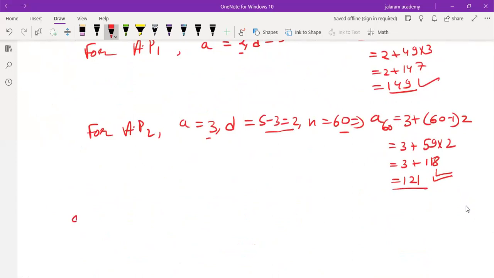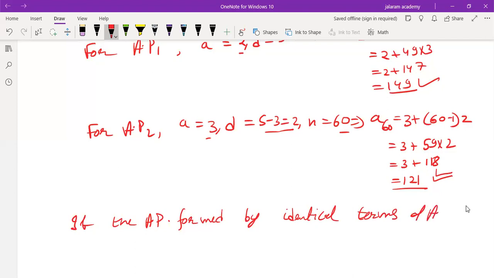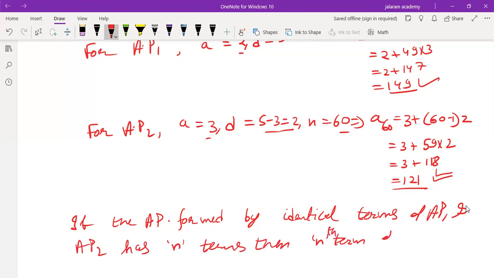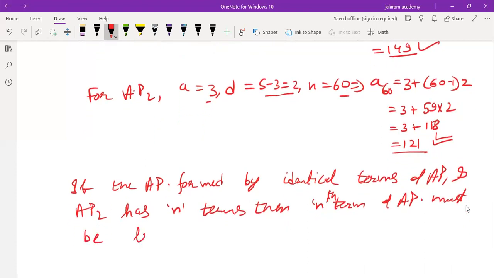So if the AP formed by identical terms of first AP and second AP has n terms, then the nth term of AP must be less than 121.